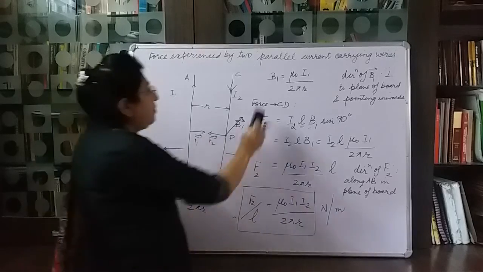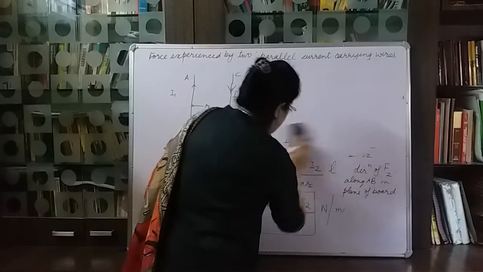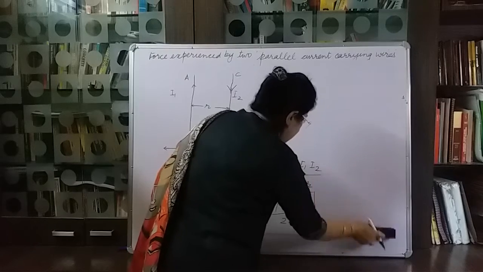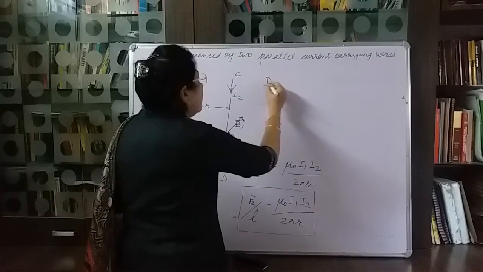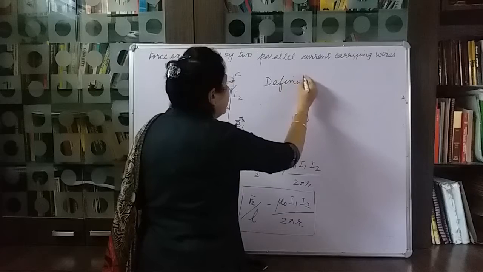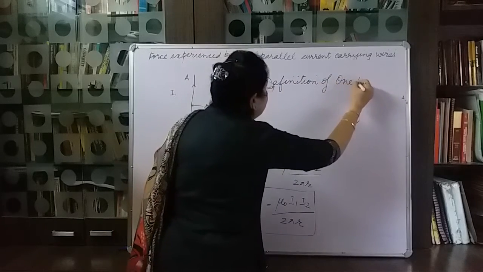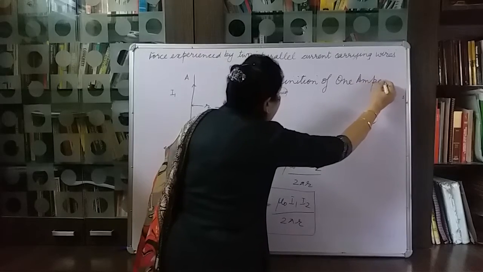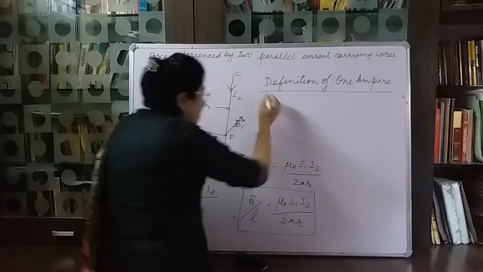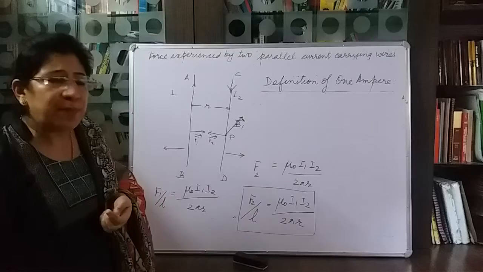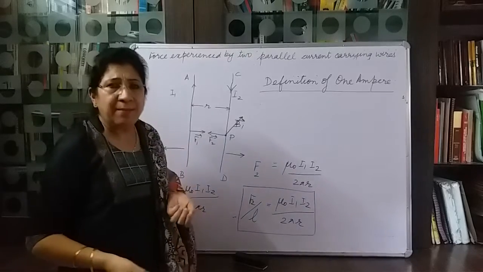At the same time here, we define the ampere. Ampere is the unit of current. From this mathematical expression, we can define 1 ampere.